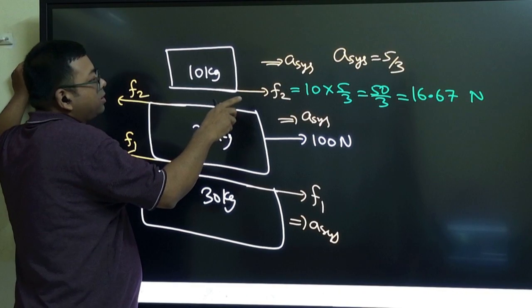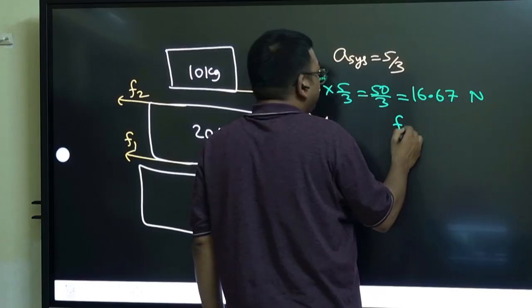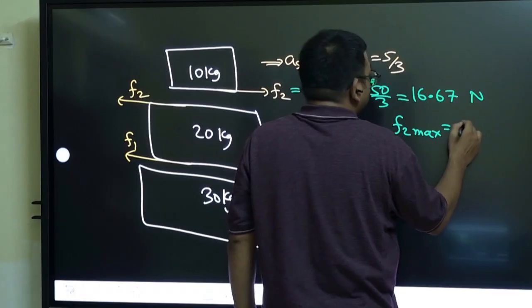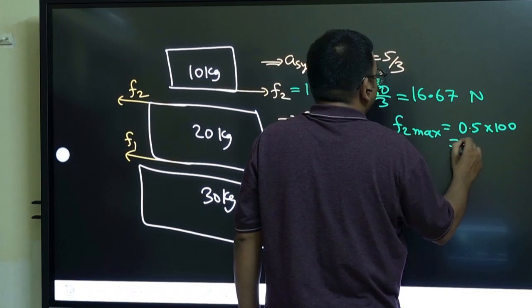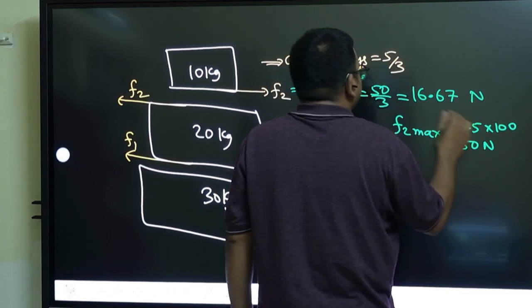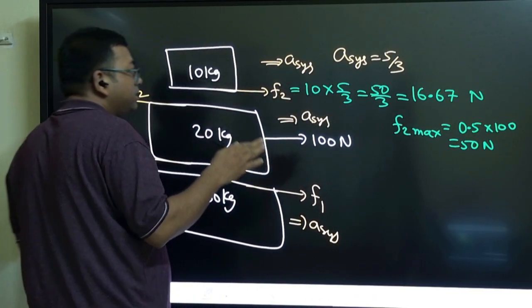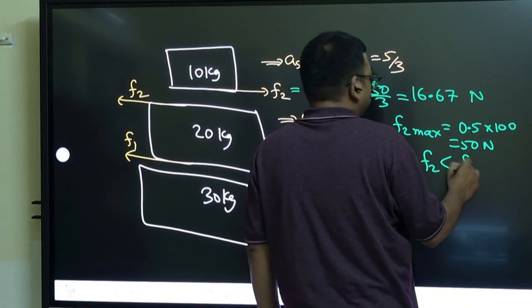First see what F2 maximum is, because we need to compare also. What is F2 maximum? Mu here is 0.5, normal is 100, so this is 50 Newton. So this is possible. We can accept this, because F2 is less than F2 max.